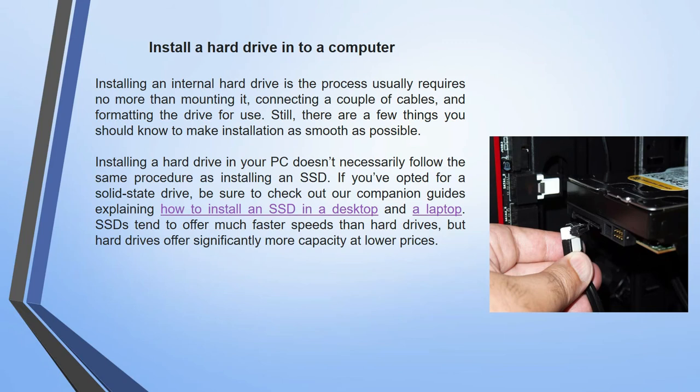Then, in the hard disk slot, you have to install that hard disk. Along with that, you have to connect some cables. Then, after physically installing, you have to format the hard drive, and then it is ready to use.